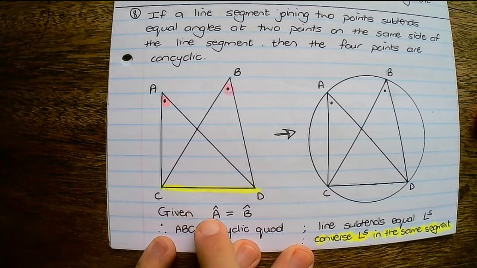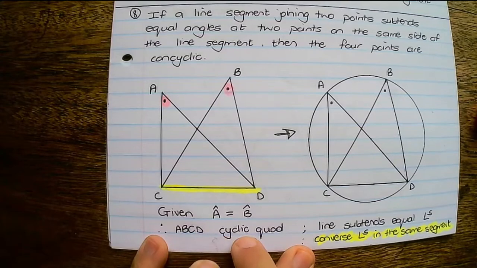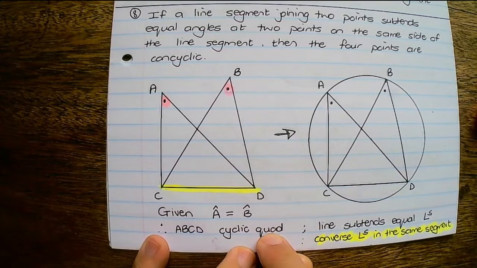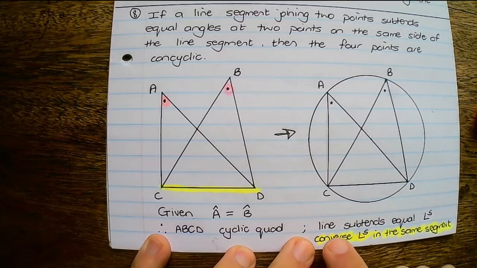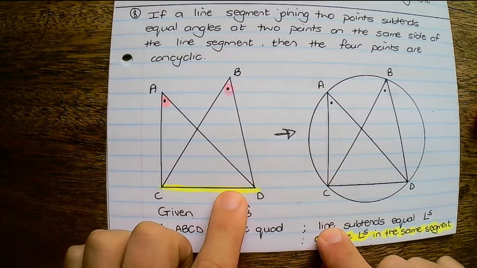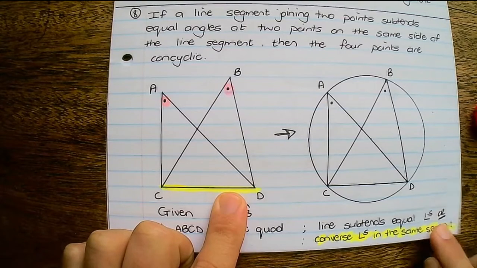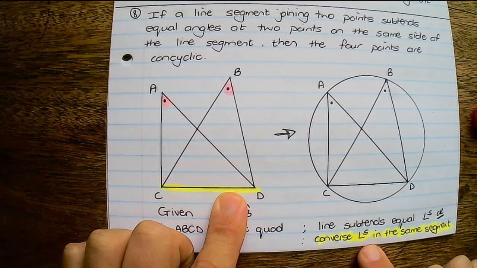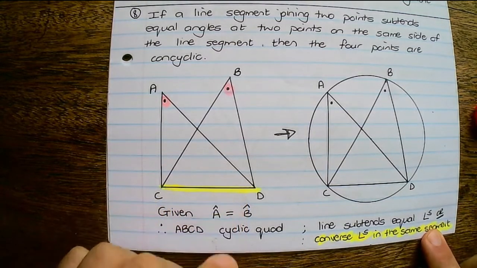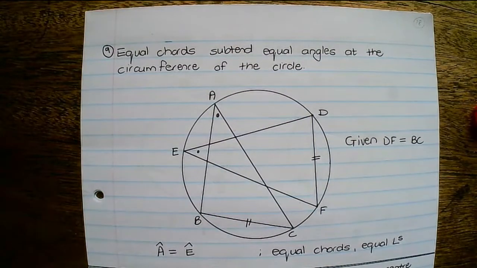I was given angle A is equal to angle B, therefore ABCD is a cyclic quadrilateral. So you can say the line CD subtends equal angles, or you can say the converse of angles in the same segment. Okay, we are sticking with chords and equal angles.